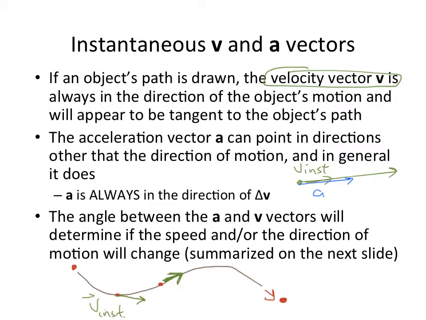But if the acceleration is not directly in line with it, if it's in a different direction than the object is moving, then that acceleration is going to affect the path of that object. In fact, the reason this object is curving right here is because there is an acceleration applied to it that is off axis of the direction that the object is moving.